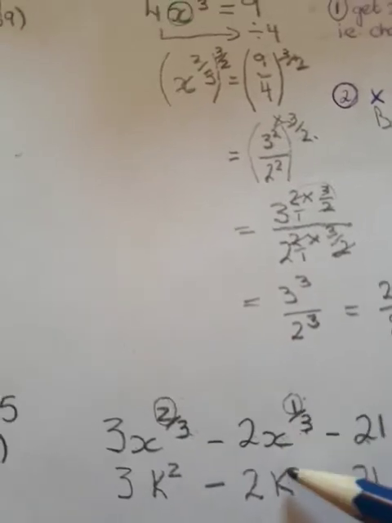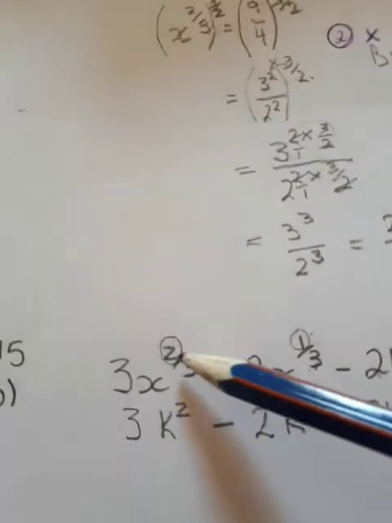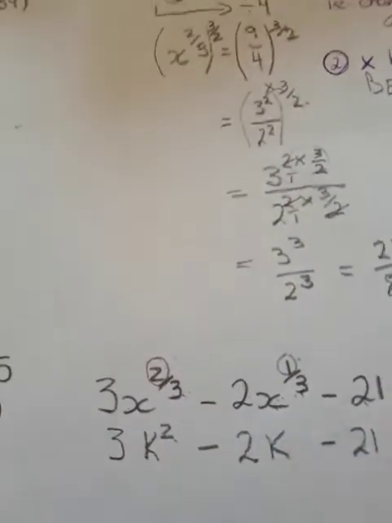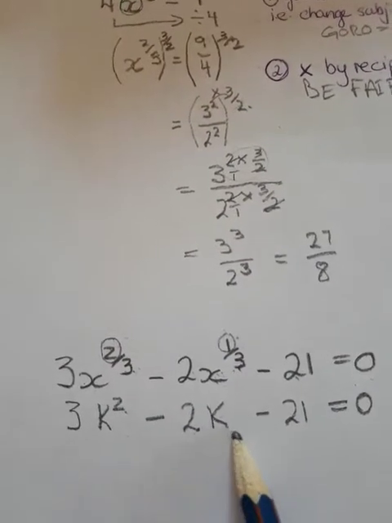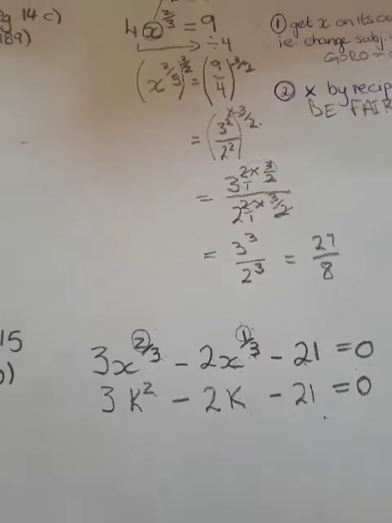That's why now, instead of x to the power of 1/3, we write k, and x to the power of 2/3 is k squared. So if you now look at this, 3k squared minus 2k minus 21, then this is quite easily factorized.